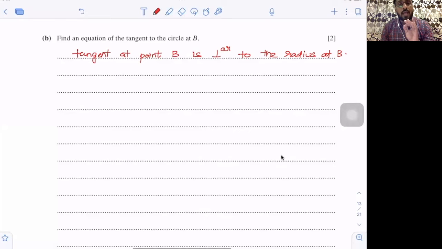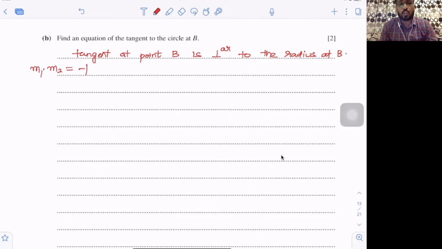Now, if two lines are perpendicular, then what do you know about the product of their slopes? Don't you recall that m1 into m2 will become equal to -1, where m1 is the slope of the first line and m2 is the slope of the second line, or you can say the gradients, right?